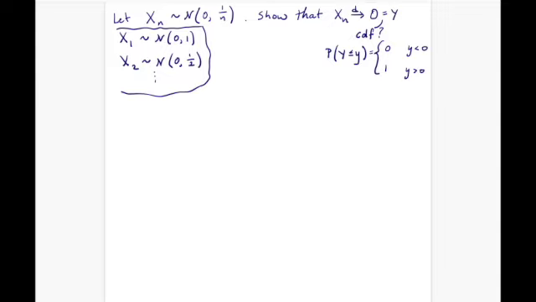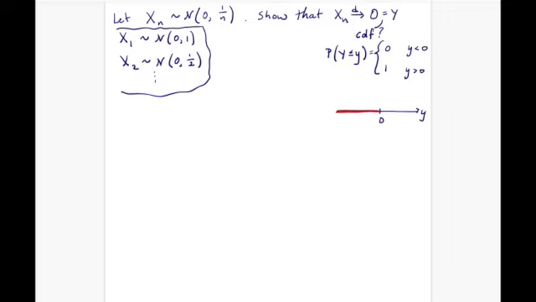The probability mass is entirely focused on the value 0. So, if you want to think about this in terms of a plot, anytime we are below 0 on the y-axis here, the CDF will be equal to 0.